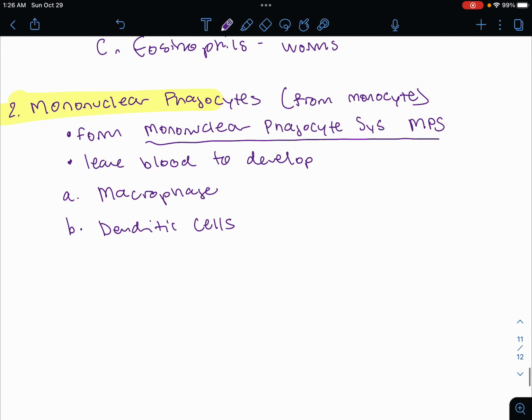These are going to be our scouts that engulf, and then they bring the material to the adaptive immune system. Remember, that's the one that's highly specific, that's built throughout life, and we have antigens and antibodies. These are going to come from monocytes as well.